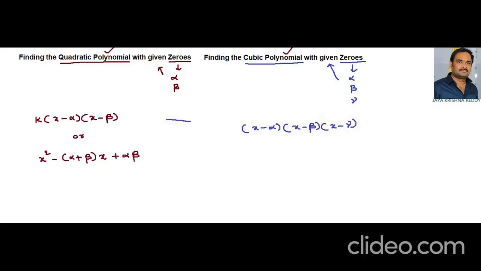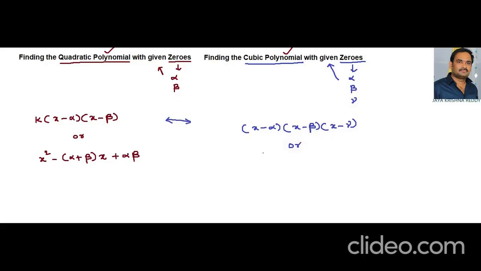Here you can compare these two formulas. To find the quadratic polynomial, the formula is x minus alpha into x minus beta, with non-zero constant k. To find the cubic polynomial with three zeros, the formula is x minus alpha into x minus beta into x minus gamma.